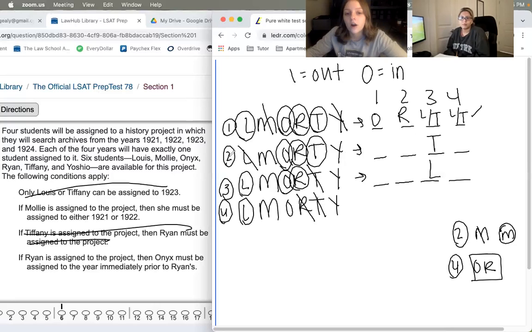Okay, for our second one, how many do we have circled? 3. So that means we're missing 1, right? Yes. Can you tell me which one it has to be?